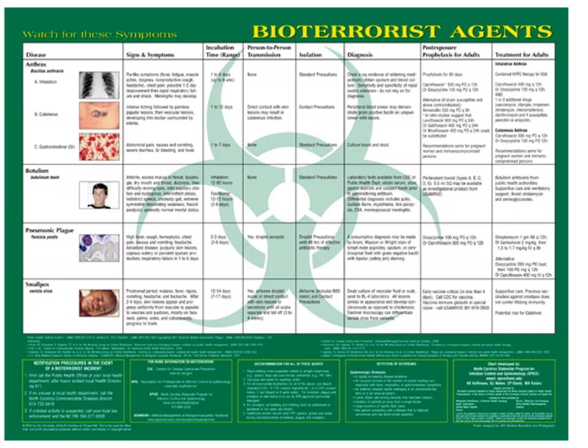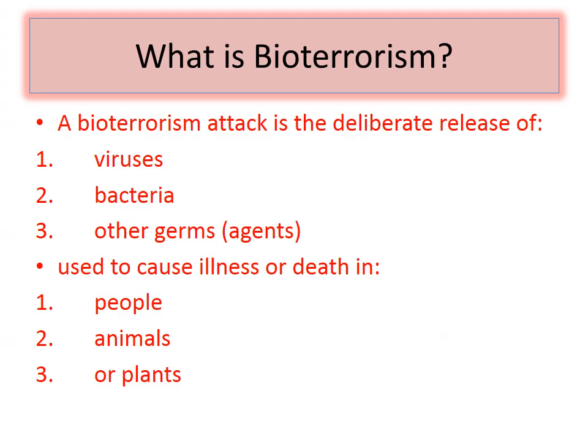So let's see what the definition of bioterrorism is. The most important thing in bioterrorism is that it is a deliberate release. So it's not a natural release that occurs naturally because of an epidemic or because of some other cause, like we normally see in winter months.